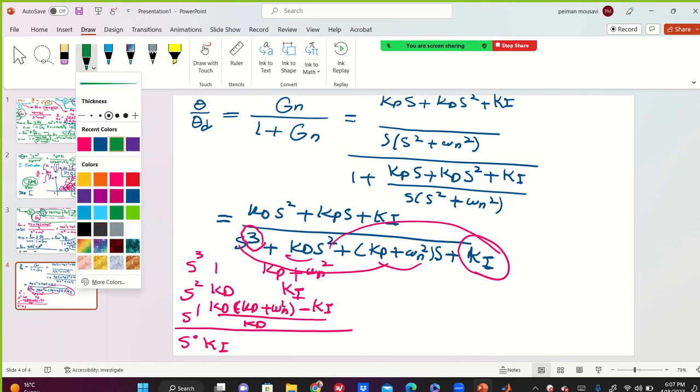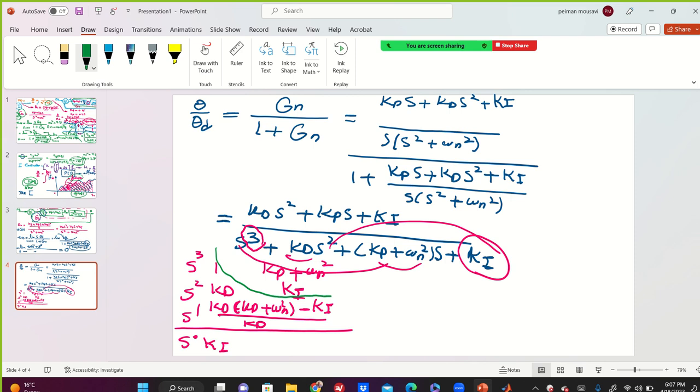The system is stable, based on what I taught you, when the first column is positive and exists, meaning KD must be greater than 0, KI must be greater than 0, and this must be greater than 0. This is already positive.